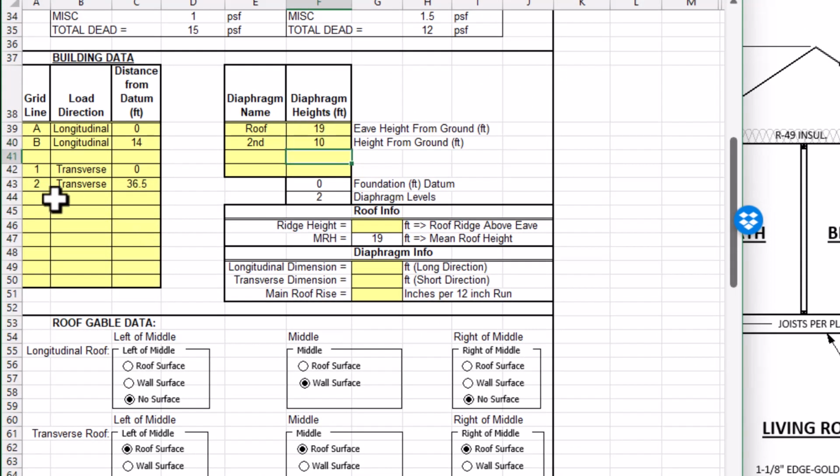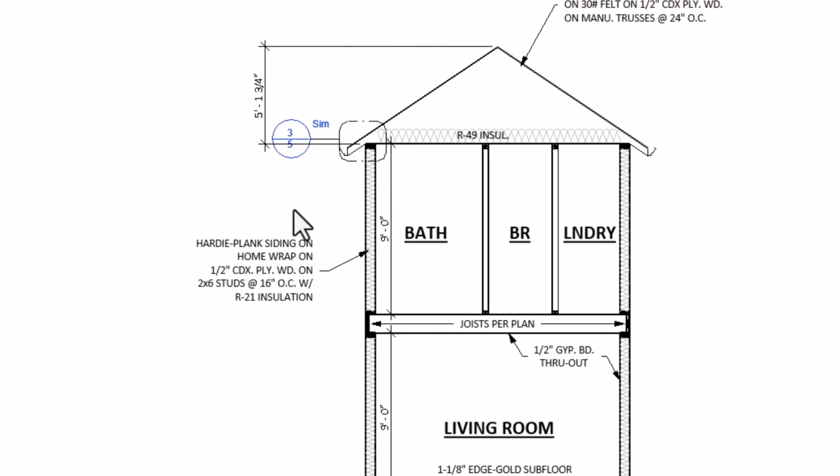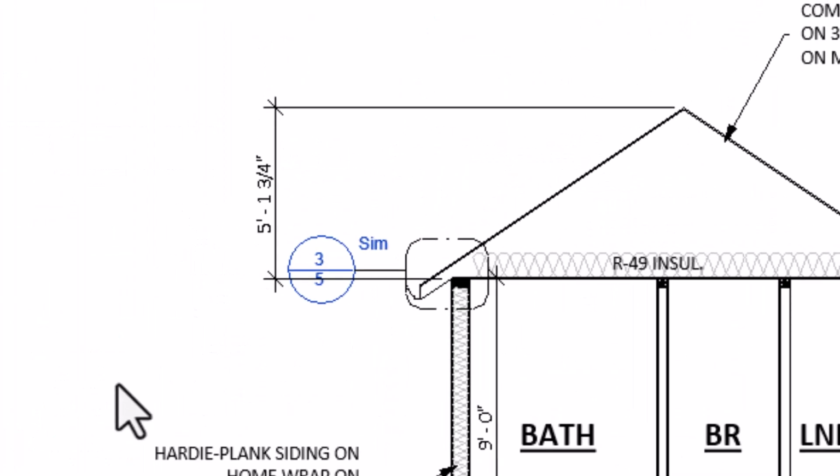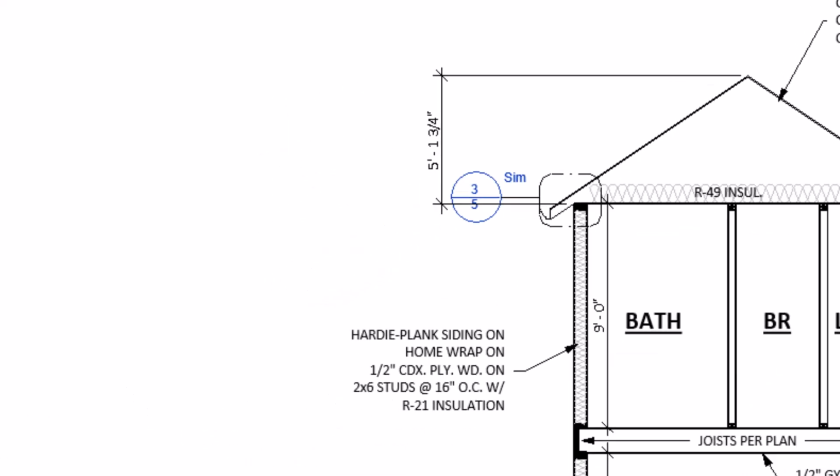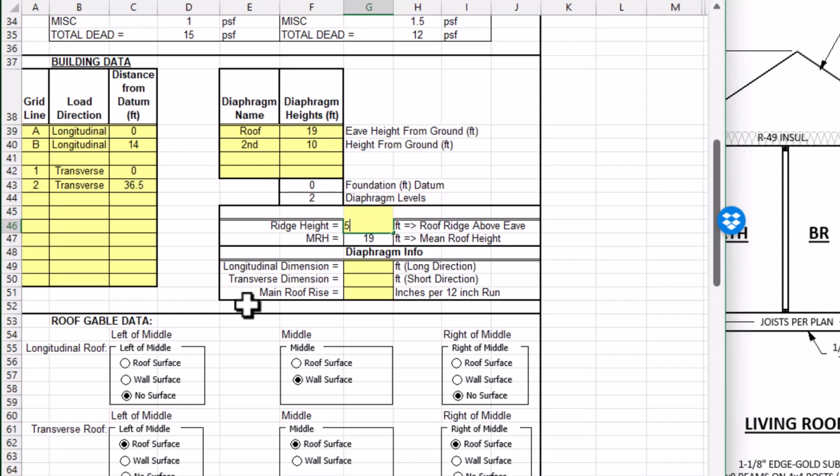Okay, now the next piece of information we want to have is our ridge height, and it's the roof ridge height above the eave. I put a dimension in right here, and it's measured as 5 foot 1 3/4. Let's just call it 5 feet for simplicity's sake.